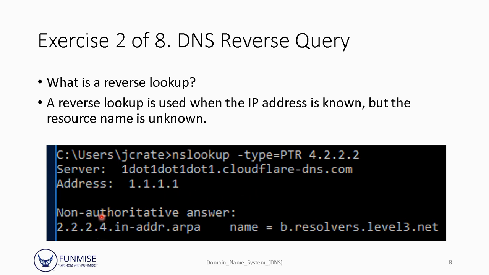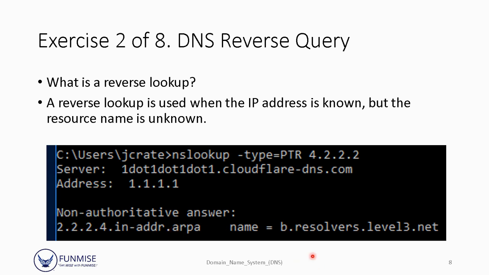Then it provides this answer, which is for 2.2.2.4.in-addr.arpa, the name is b.resolvers.level3.net. Notice for the pointer record, the IP address is actually in reversed notation here. Did you notice that?